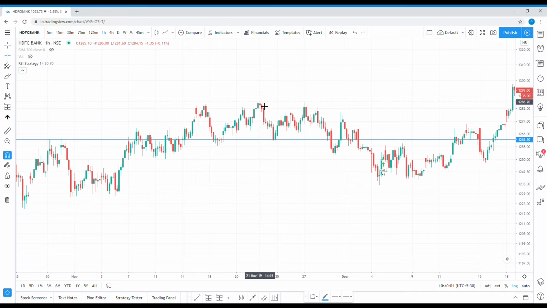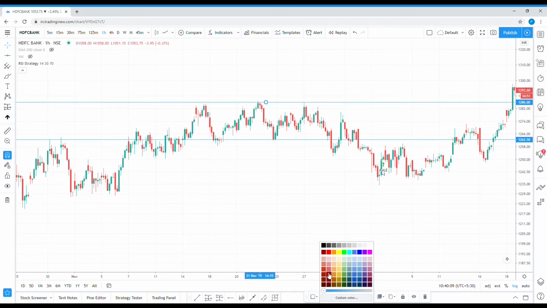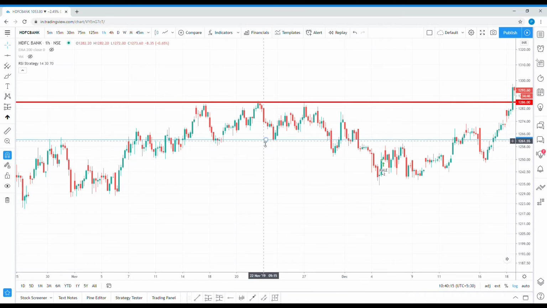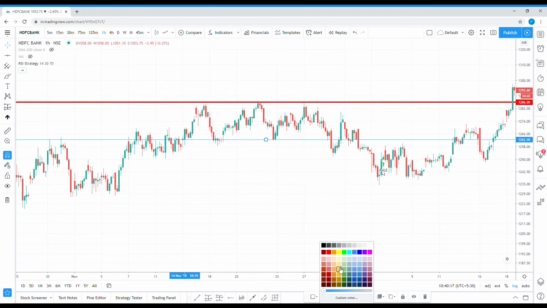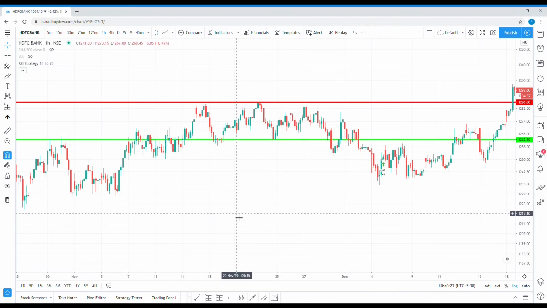I'll change the color of these for better understanding: let's make this one red and this one green. As you can see, this green line is acting as a support line, and this red line is acting as a resistance line, right?